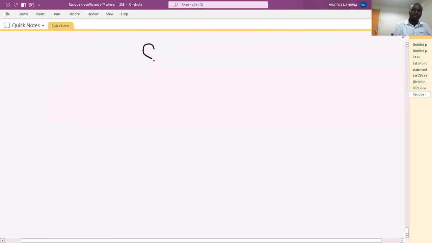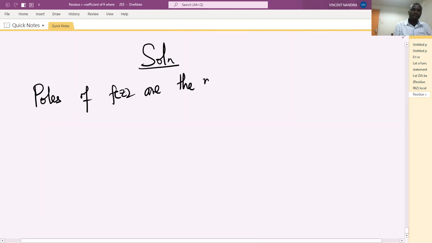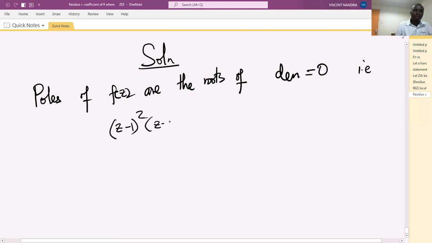Solution. Poles of f of z are the solutions, or the roots, of taking the denominator and equating to 0, i.e. we have our function's denominator: z minus 1 squared, z plus 2 equals 0.